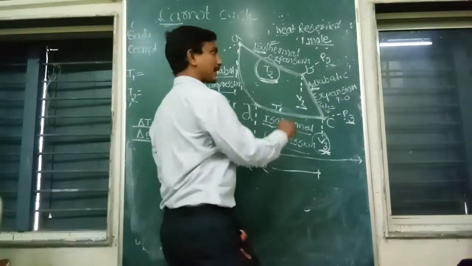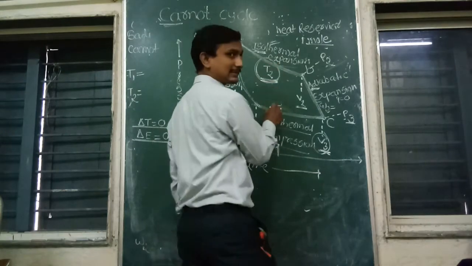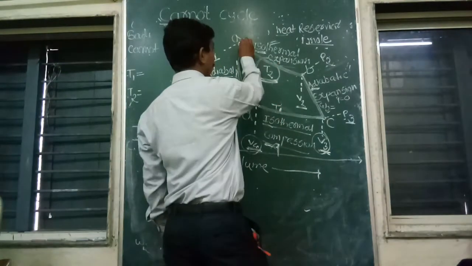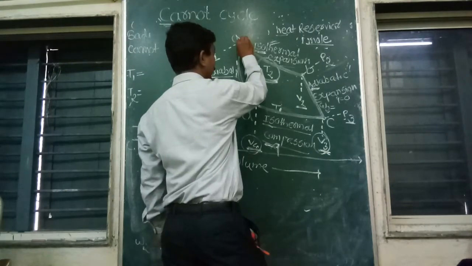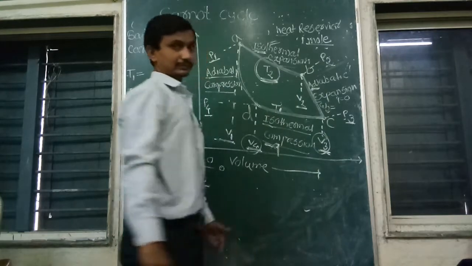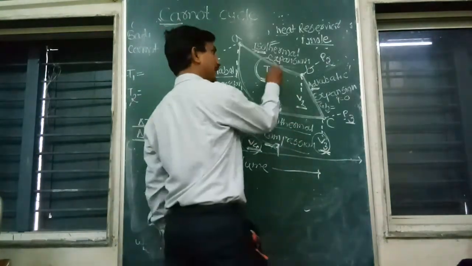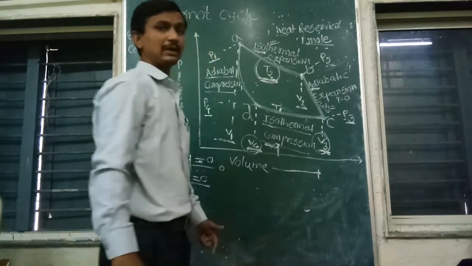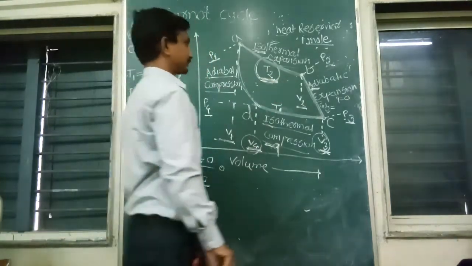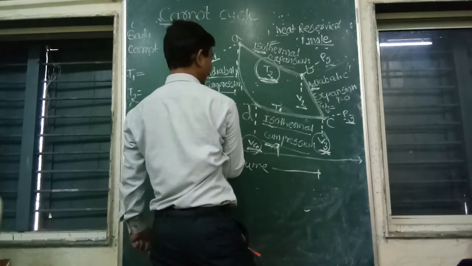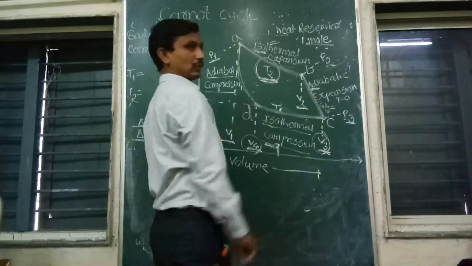When heat is absorbed by the gas, the expansion of gas takes place from volume V1 to volume V2. Here the amount of heat absorbed is at temperature T2. Volume changes from V1 to V2.